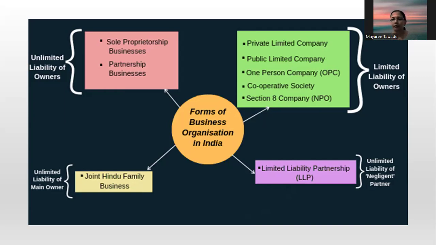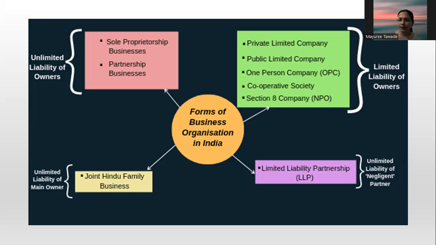That means my own property in my name, not just the business name, is also taken away for paying off the debt of the creditors. That is what is known as unlimited liability.